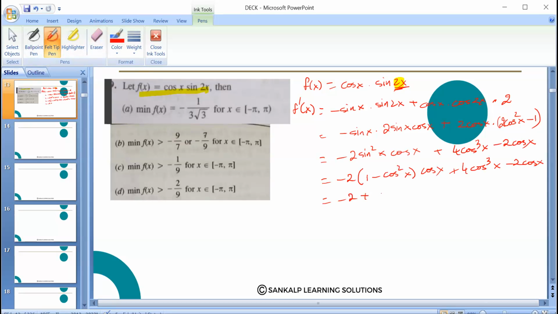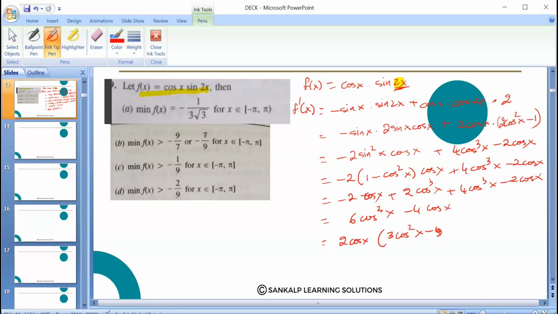That is minus 2 cos x plus 2 cos cube x plus 4 cos cube x minus 2 cos x. So 6 cos cube x minus 4 cos x. You can take 2 common and cos x common: 3 cos square x minus 2.